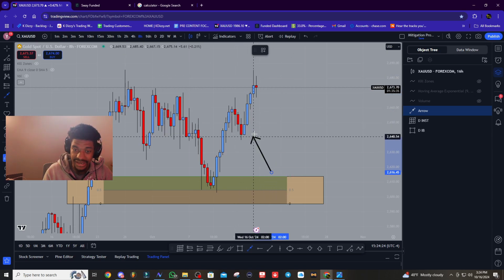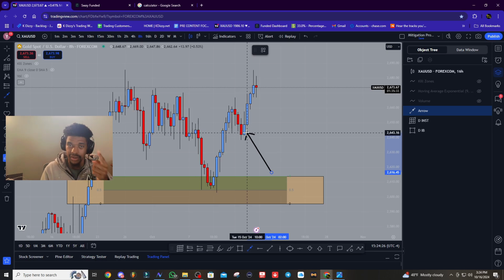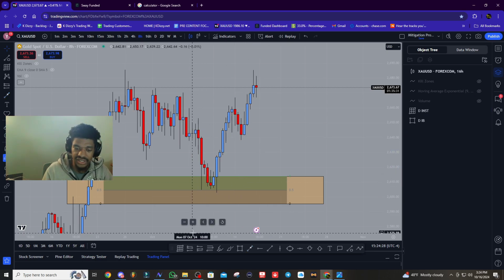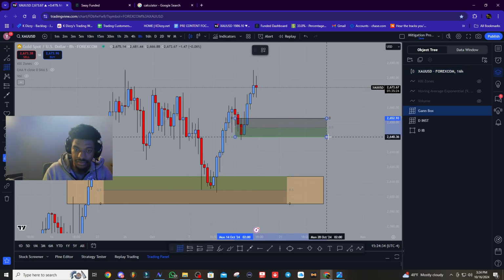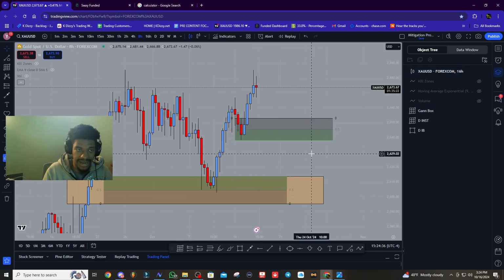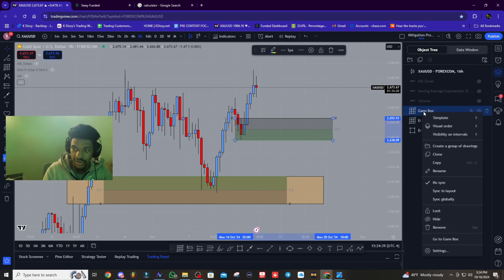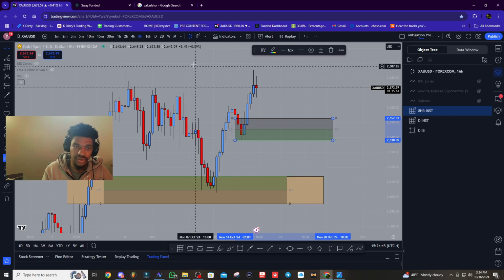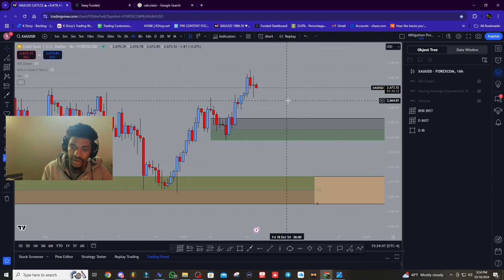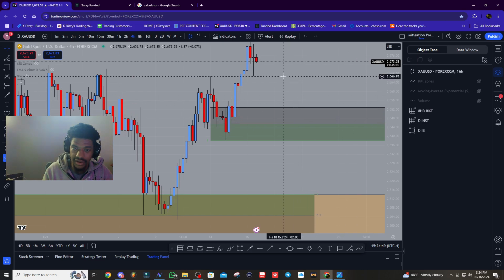It is an area of interest, so keep your eye on it, and I usually do that with the drawing toolbox. Boom. Eye on it. 8 hour. We can change that to 8 HR institutional. Next, 4 hour.